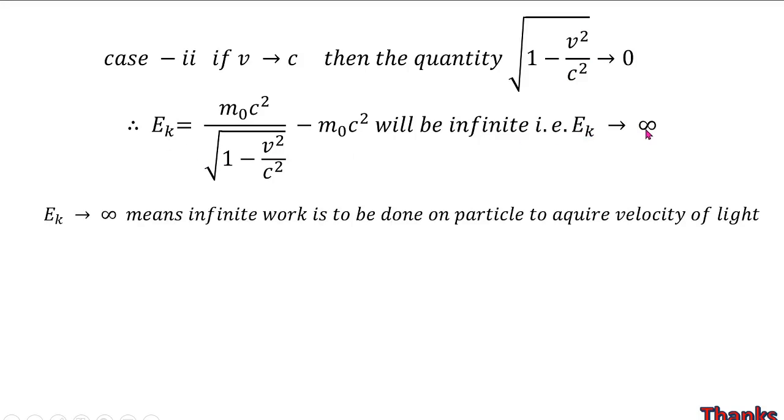But to get infinite kinetic energy, the work done must be infinite, which is quite impossible. Therefore, one cannot attain the velocity of light. Any object or particle cannot attain the velocity of light, because infinite work would have to be done on the particle to acquire this velocity. Therefore, the velocity of light is the maximum attainable velocity.